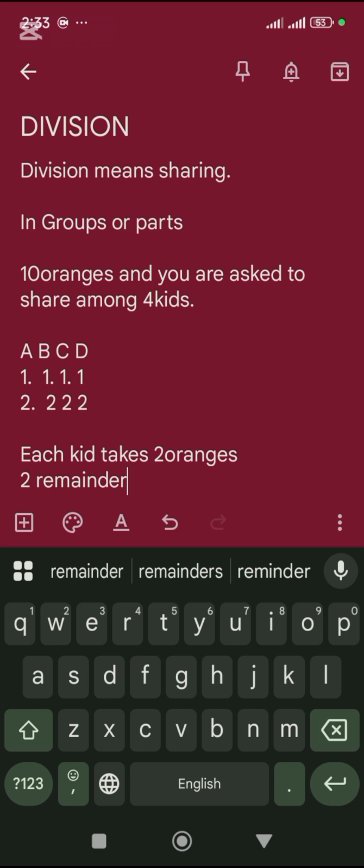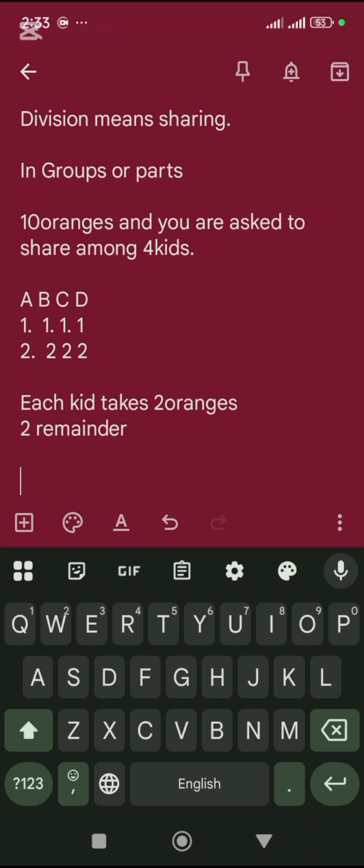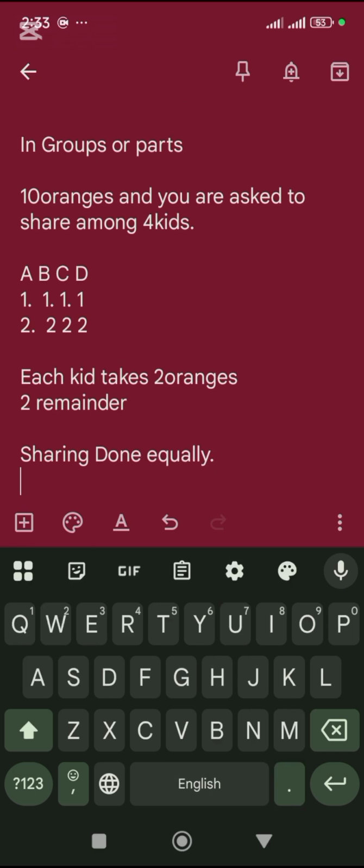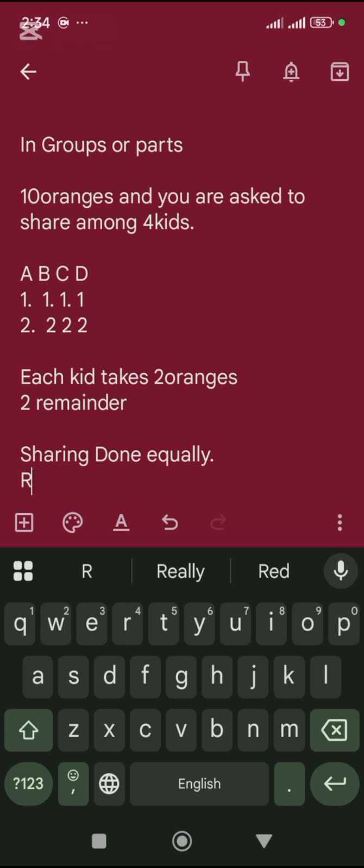So in division, we say that it is sharing done equally. So rather than give to A and B and leave out C and D, you would just put it as a remainder.